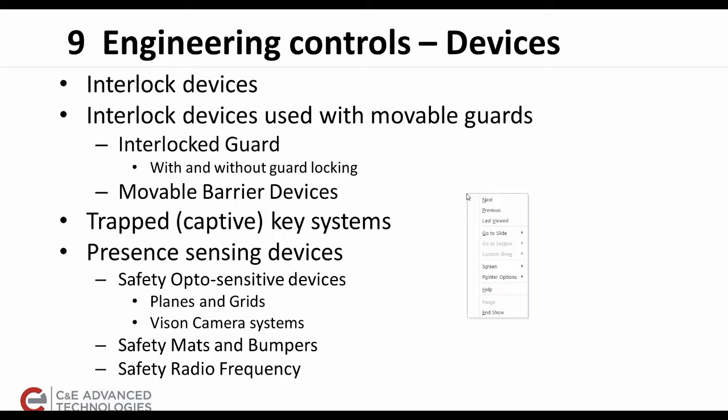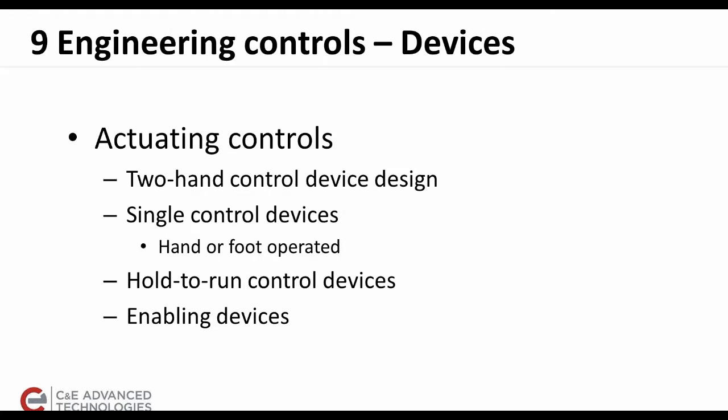Additionally, we have such devices as safety mats and bumpers and safety radio frequency devices. We then also have actuating controls: two-hand control devices, single-hand, hold-to-run devices, and enabling devices.